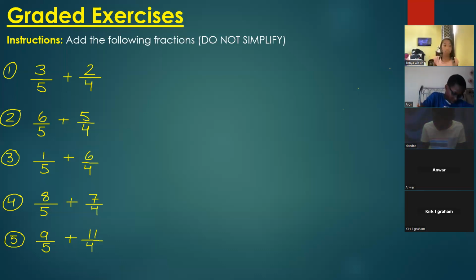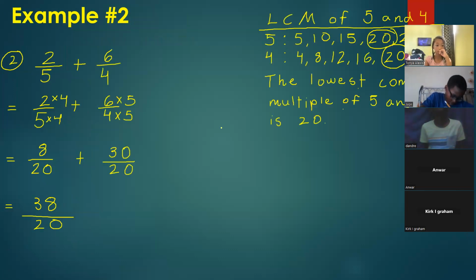Remember, just like how we did it the first time. You have to find the LCM of 4 and 5, just like this. Then you multiply it out, then you can find your answer. When I say don't simplify, I mean don't simplify this answer. So you have to do them again.